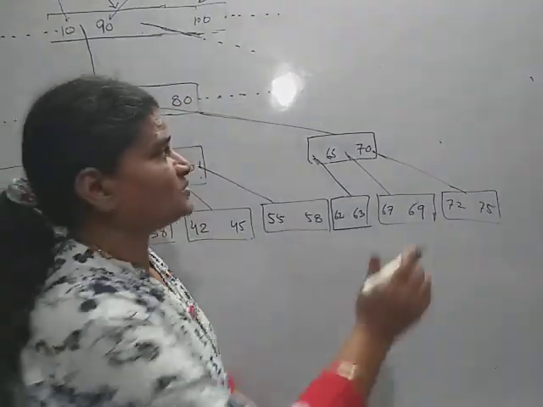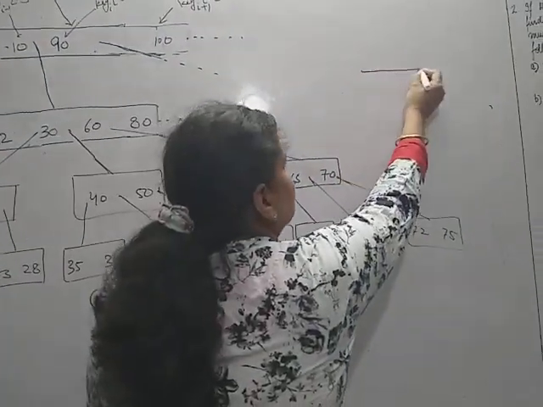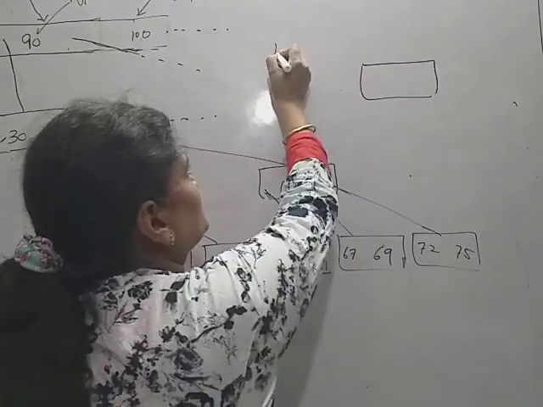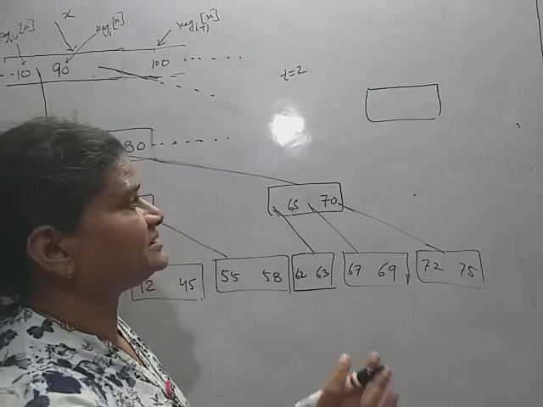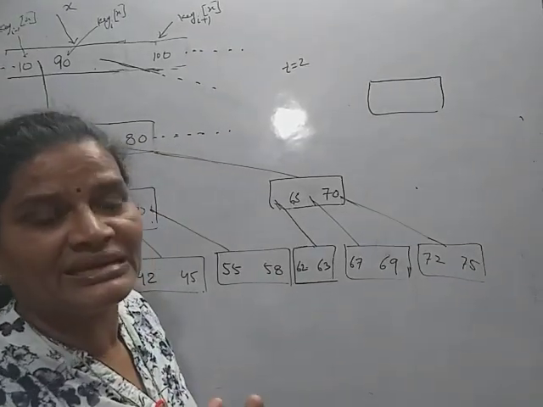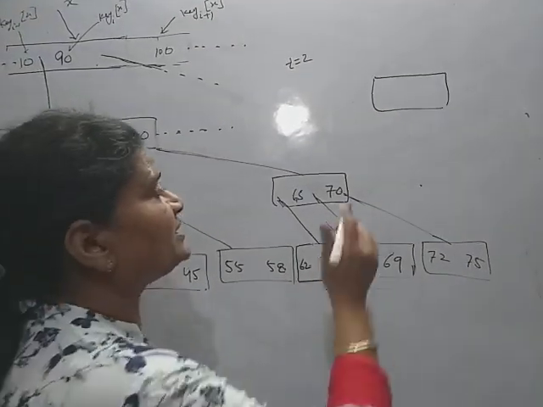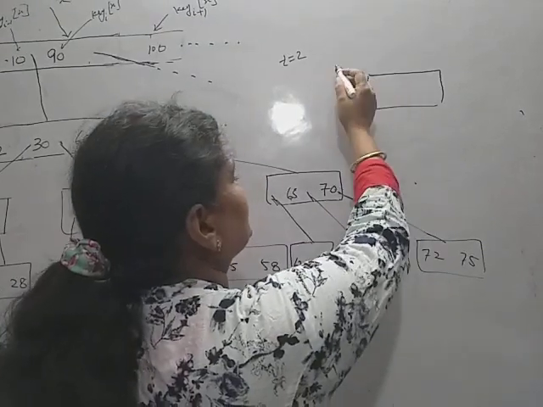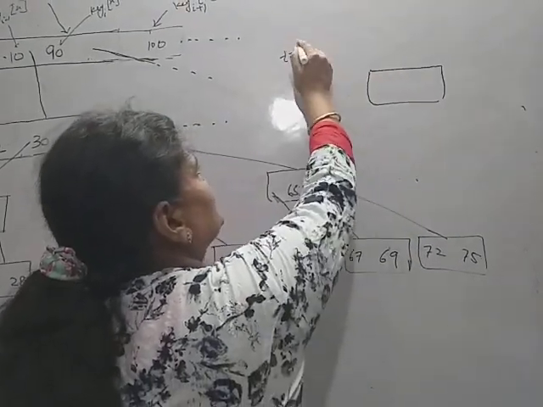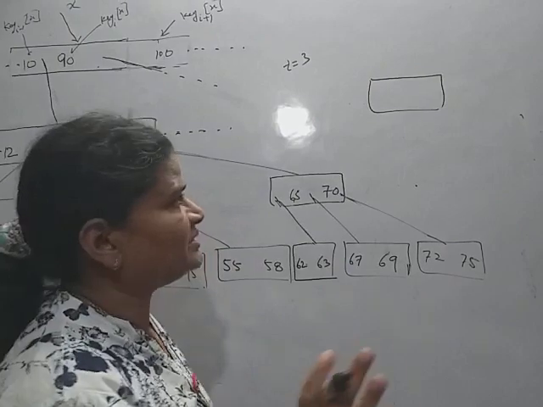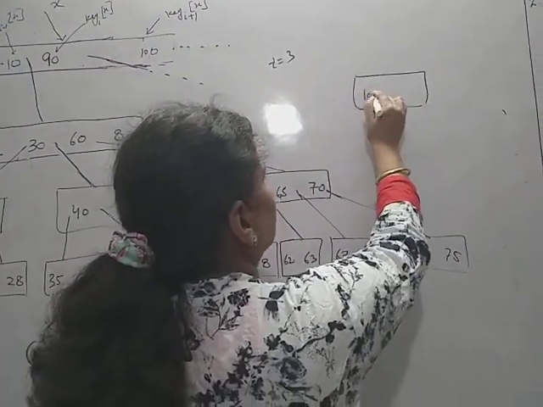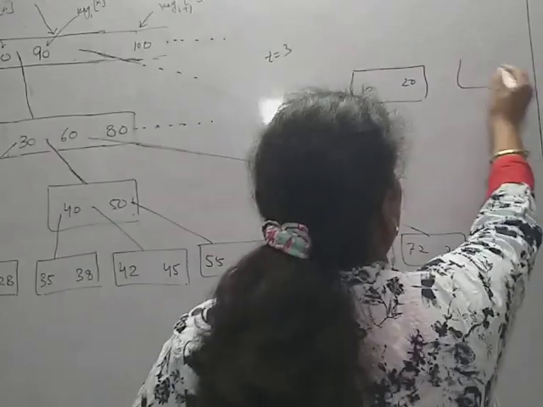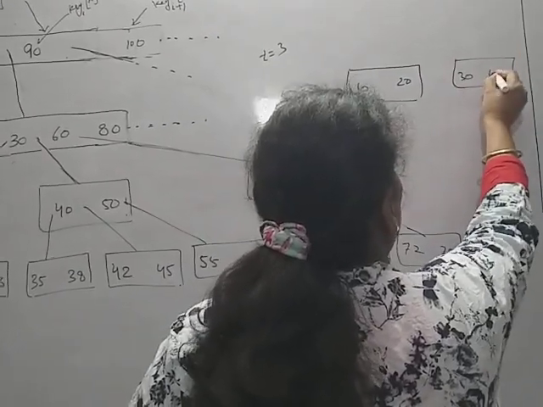For example, suppose t equal to 2. The degree is 2, so the minimum number of keys can be 1. So here suppose t is equal to 3, then the minimum number of keys can be 2. So 5 and say 10, 20 and 30, 40.